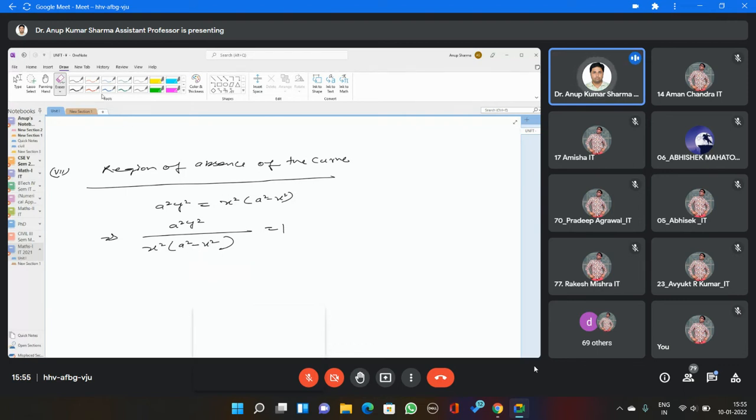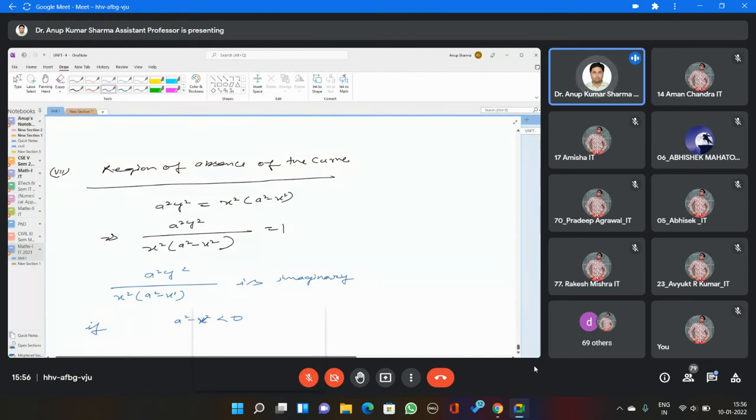So the left hand side, a square y square upon x square, becomes imaginary if a square minus x square is less than 0.